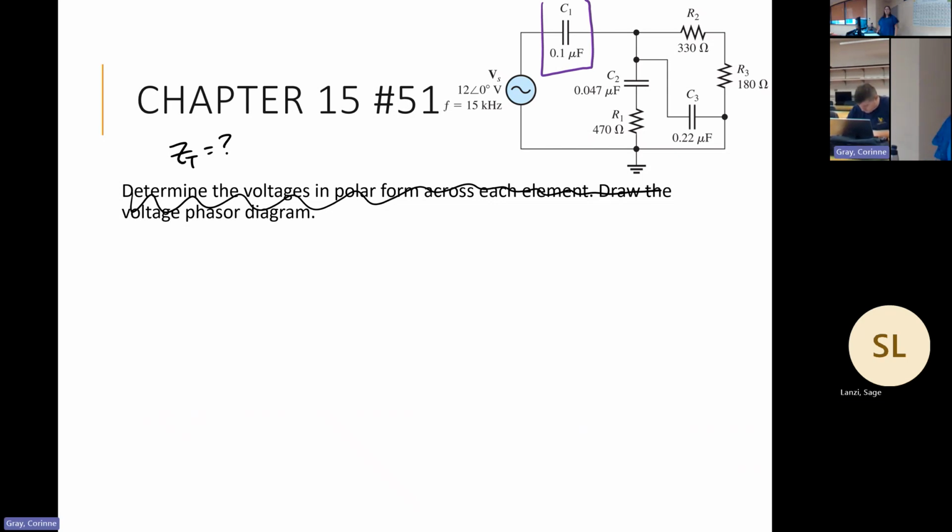We can name the box later if we want to, but we'll hold off on it. What about C2 and R1? They're in series, and it's just those two. We're going to put them also in their own little box.